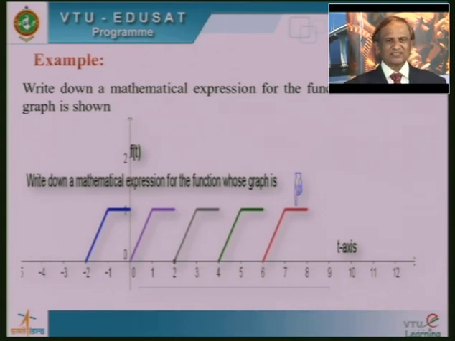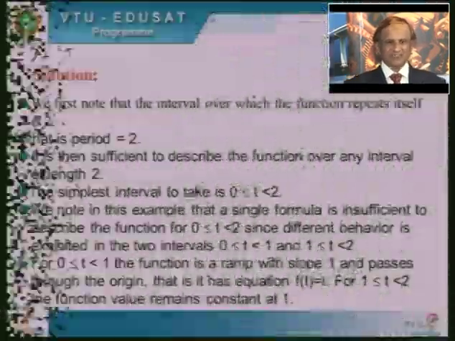If I want to define this graph mathematically, I need two intervals, one between 0 to 1 and another between 1 to 2. Like that I can define a function in the following form.